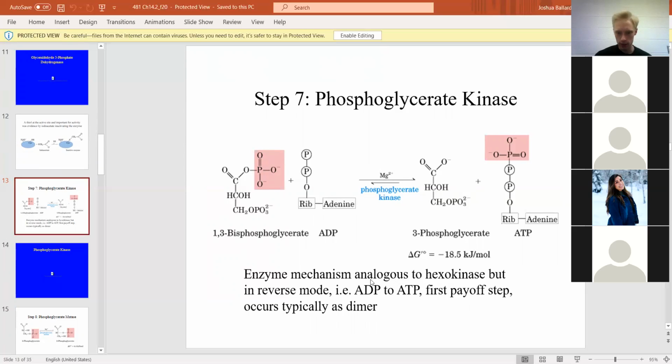The mechanism is pretty similar to hexokinase, but in the reverse mode. Honestly, I know like 10 enzyme mechanisms, and it seems pretty daunting, but around 4 or 5 of them are really similar to each other. They're either adding a phosphate group or subtracting them, and if one's going one way, the other has to go the opposite way.